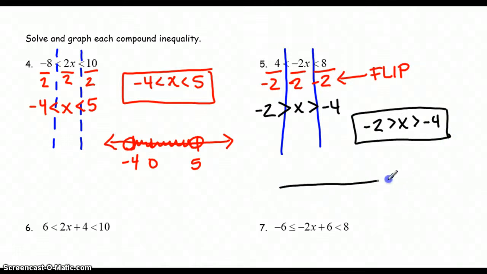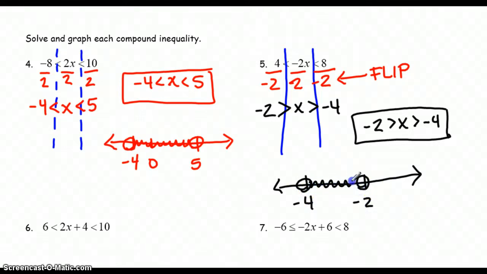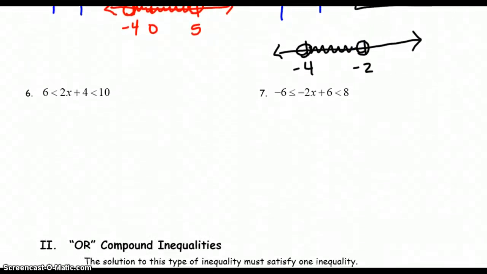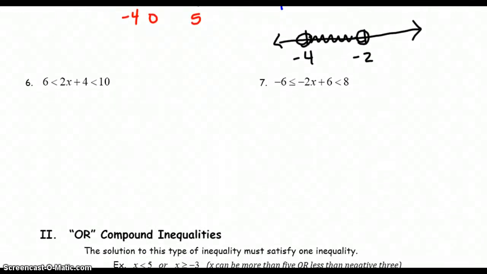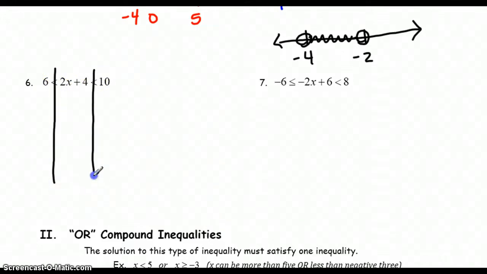And if we put that on a number line, we have negative 4 and negative 2. We have open dots on both, and we shade in between. Number 6. Now number 6 has a few more steps. Again, we're still breaking our problem into 3 parts. But the first thing we want to do here is subtract 4.